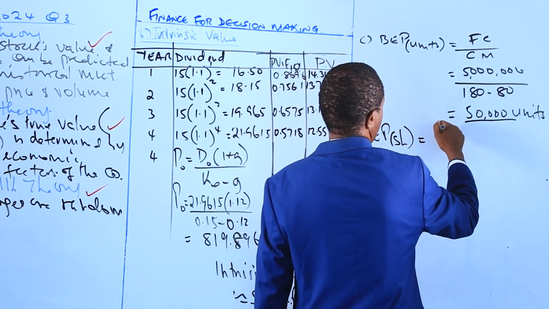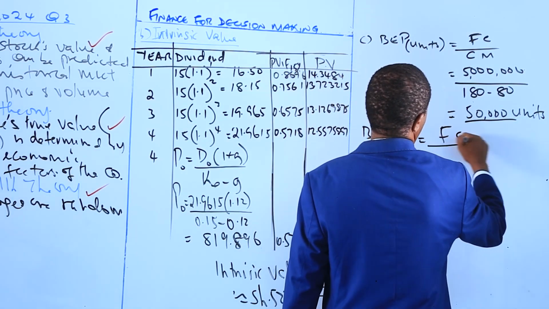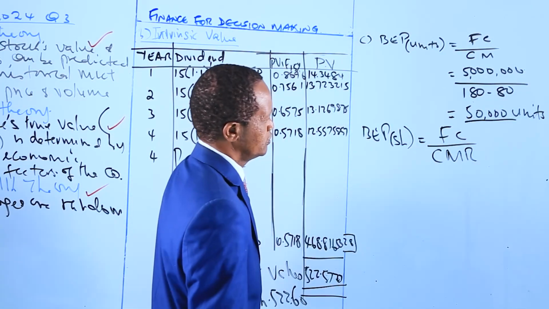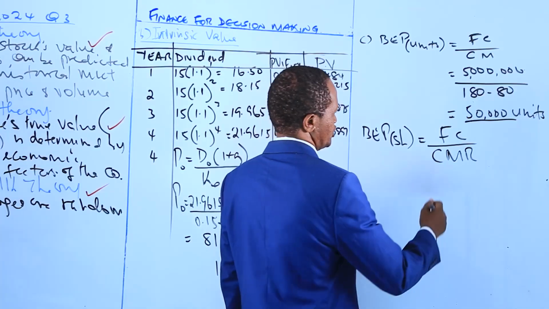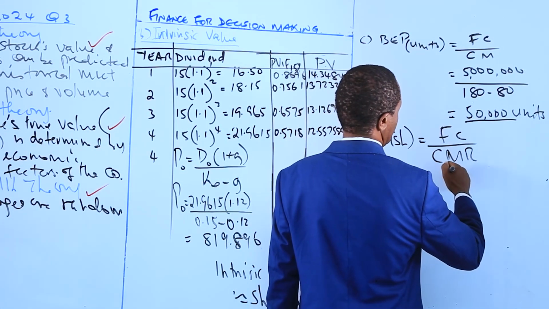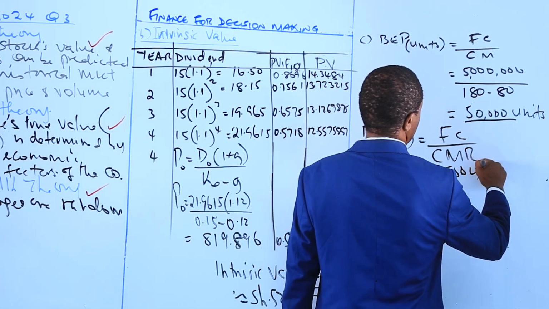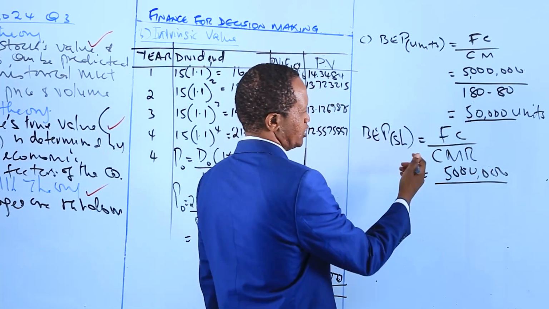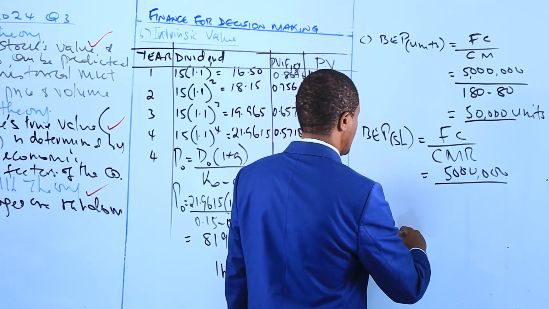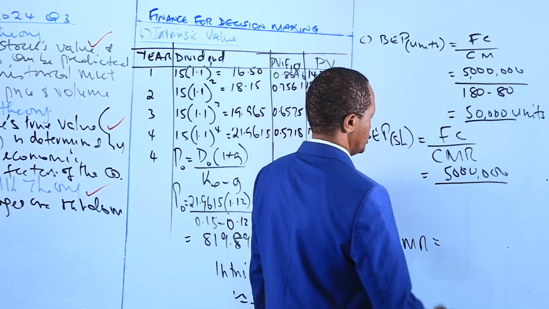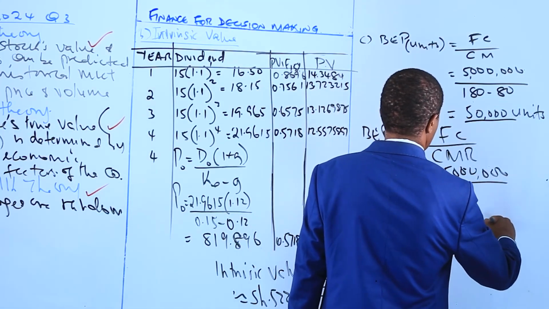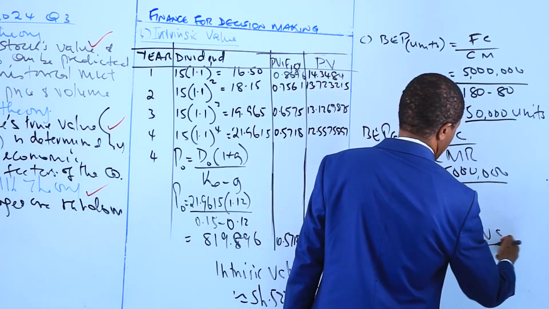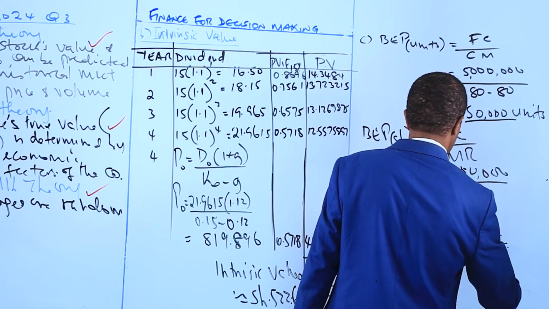break-even point in shillings will be equal to the fixed cost over the contribution margin ratio. So we are going to have 5 million over the contribution margin ratio. How do you calculate the contribution margin ratio? Contribution margin ratio is equal to the selling price minus variable cost, that gives us the contribution, then we divide by the selling price.